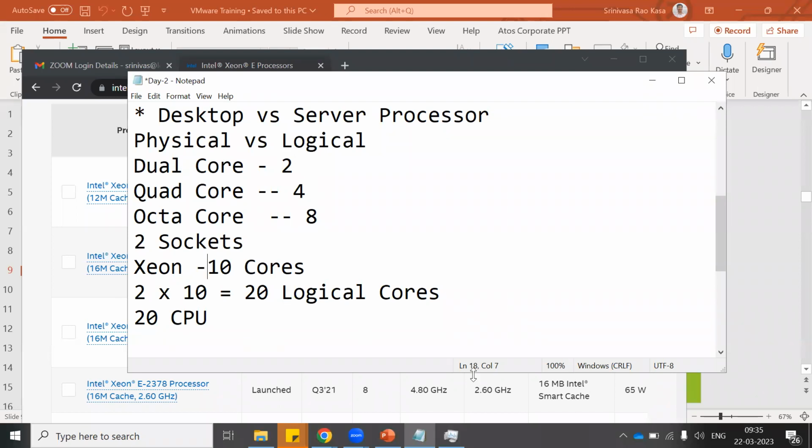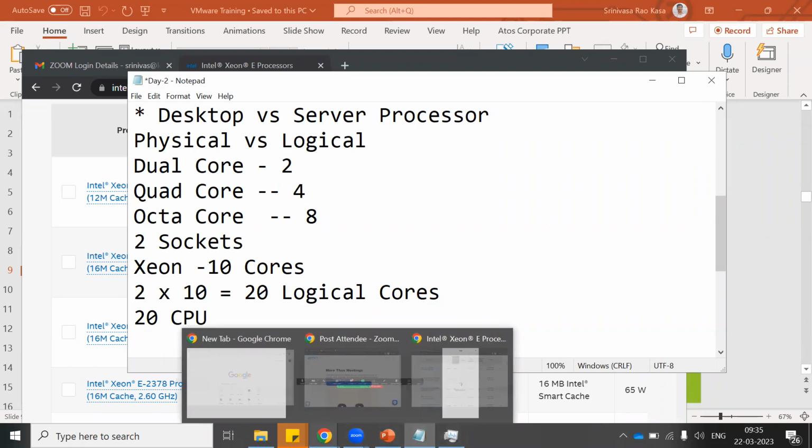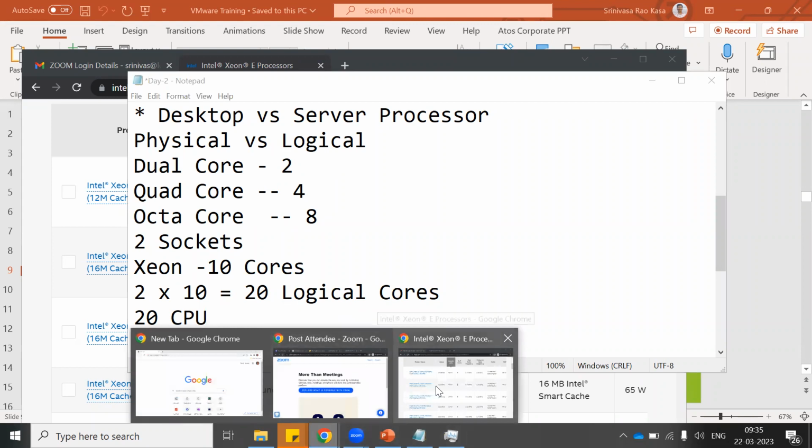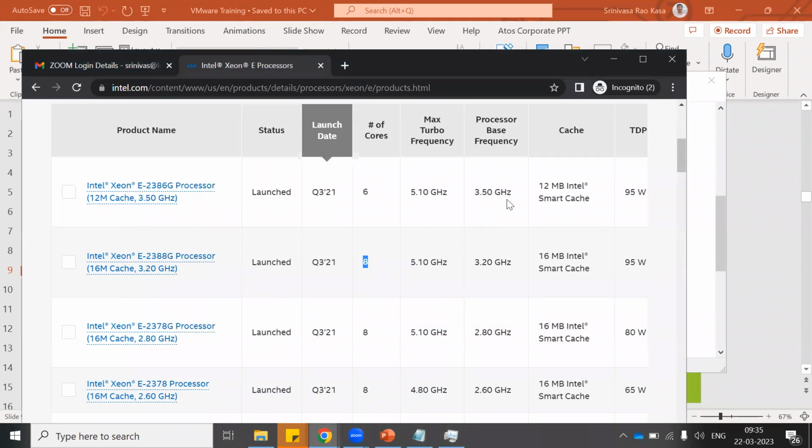Clock speed is going to come into the picture when, for example, 20 cores are there. Clock speed comes into the picture when we work on the virtualization layer, to see how much capacity is available. Now, in the basic hardware, we look at the cores and physical. That is the difference. We need to understand how many logical cores we are going to get.